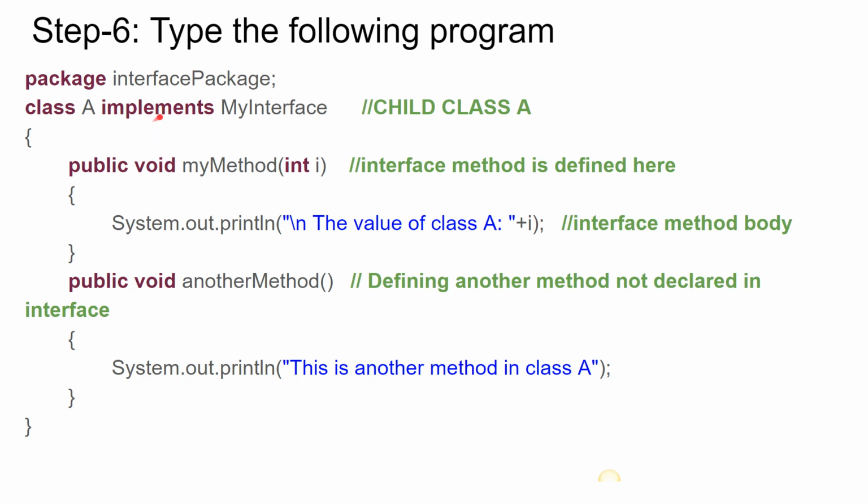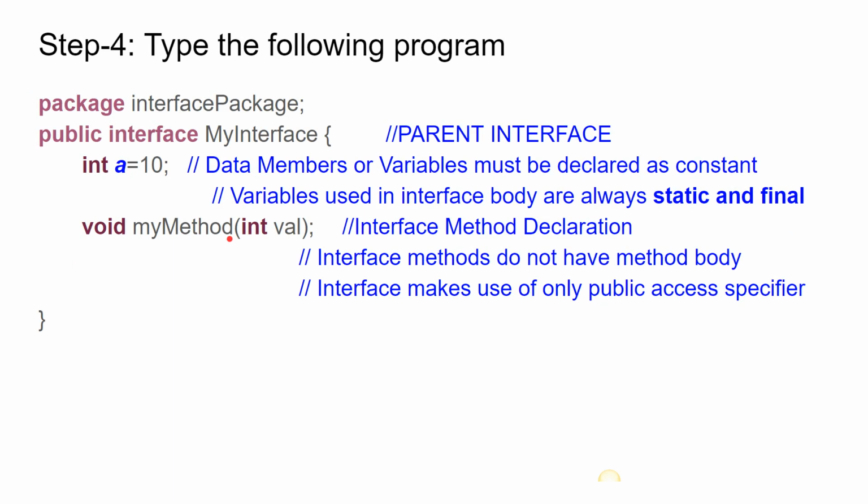When we use this, class A becomes child class, and MyInterface is the parent interface. So we can access the members of MyInterface in class A. If you use the implements keyword, you can access members. What are the members? a and myMethod.